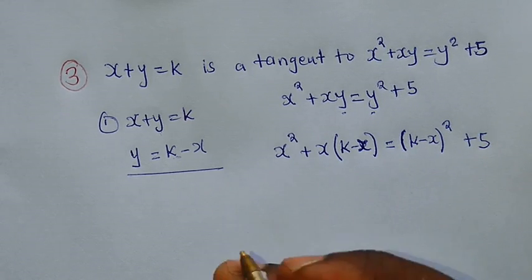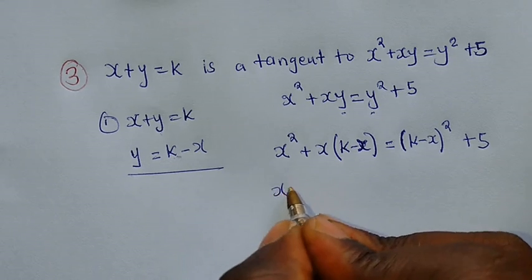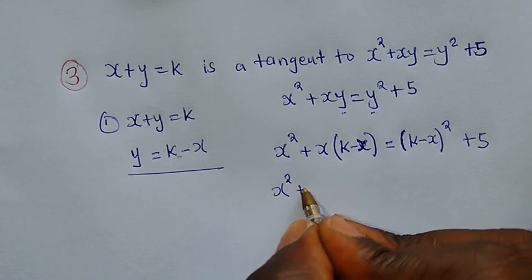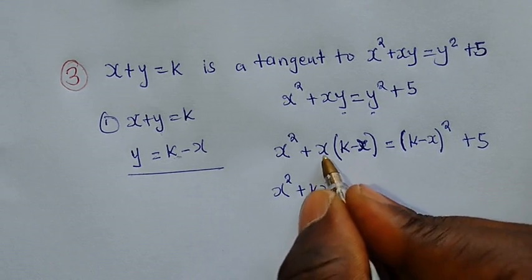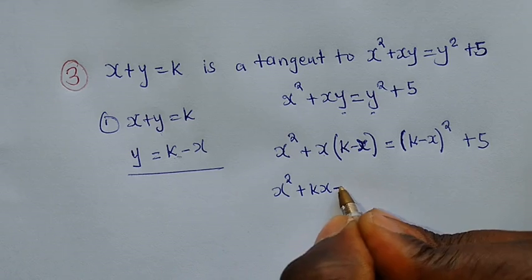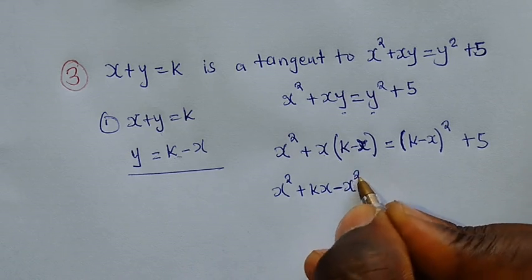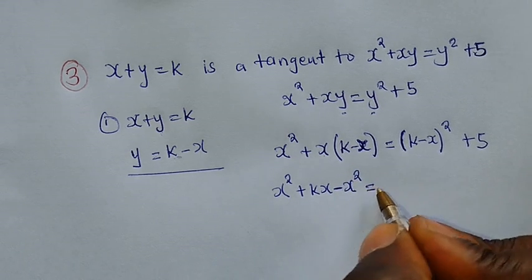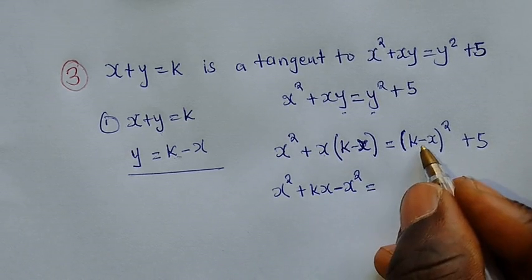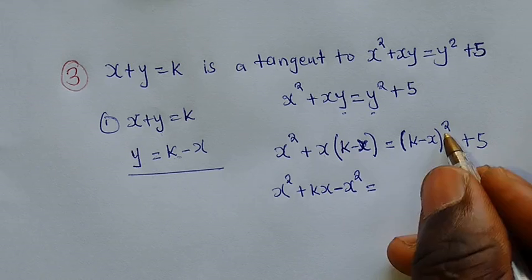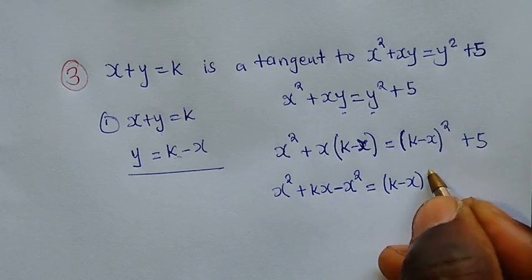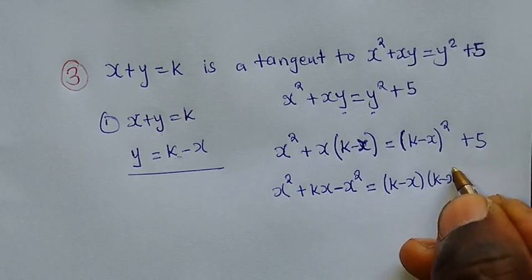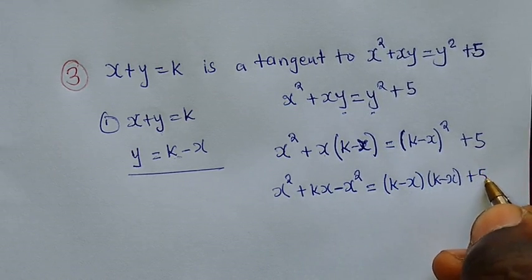So from here, what's next? We're going to say x squared plus x times k, we are going to have kx, x times negative x, we are going to have negative x squared, equal to, so for this one, k minus x in bracket squared, it means it was multiplied by itself, which is k minus x, again k minus x, then plus 5.